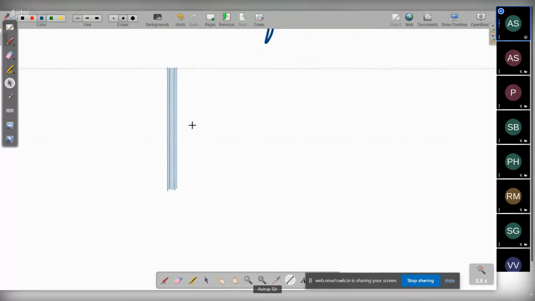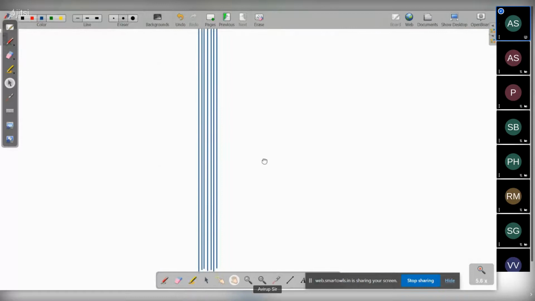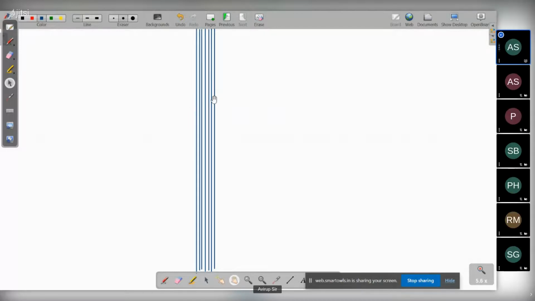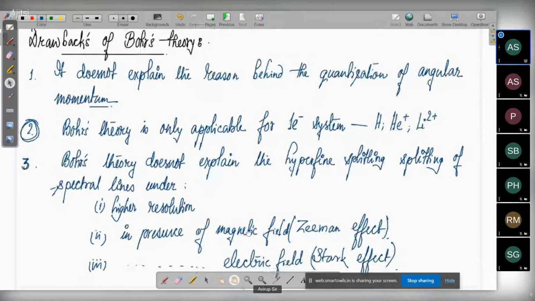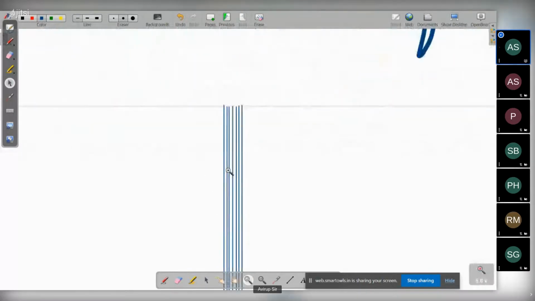Now, as you can see, all the lines are separate from one another, correct? But if we zoom out, it appears like a single band. It appears to be a single line, although there's a big gap which is just breaking away the entire thing. So let me just put it over here.